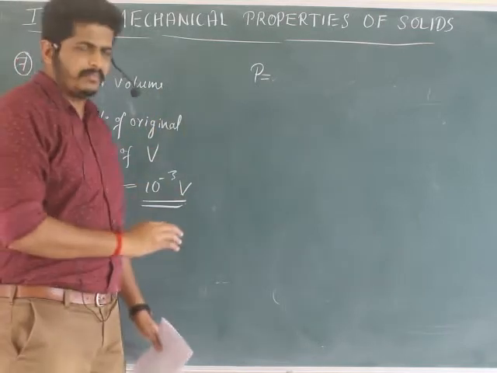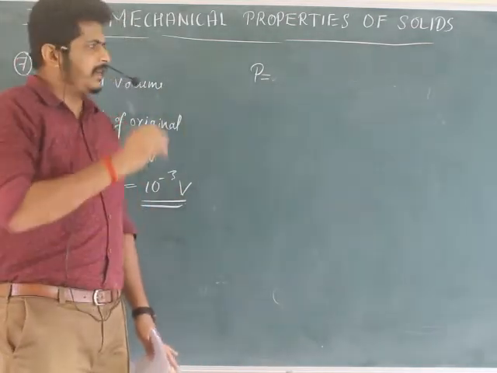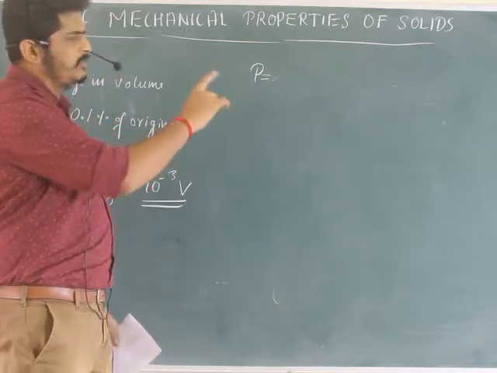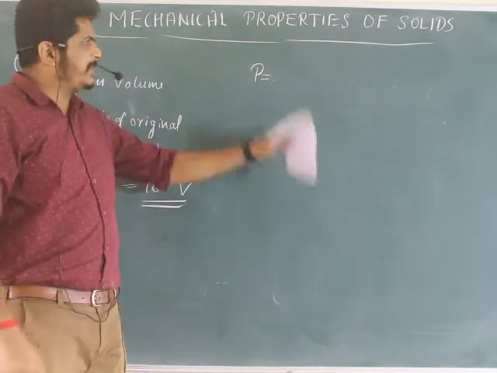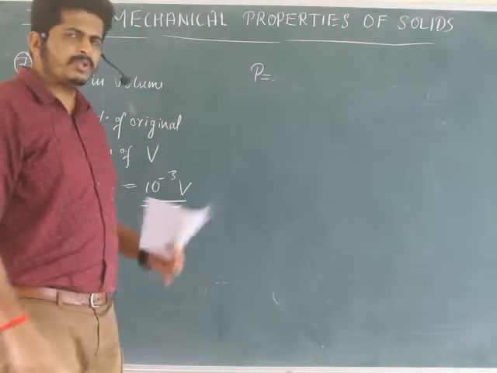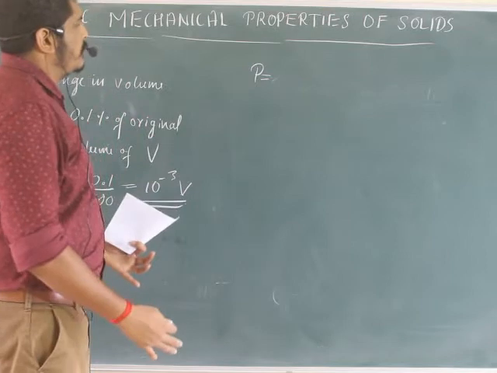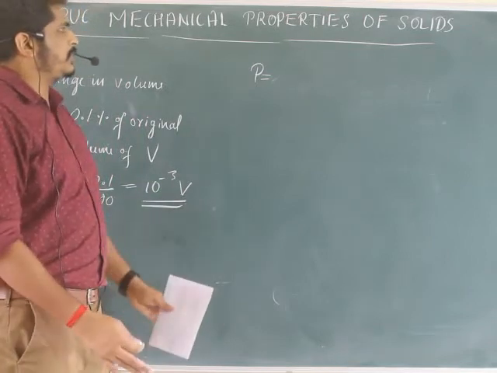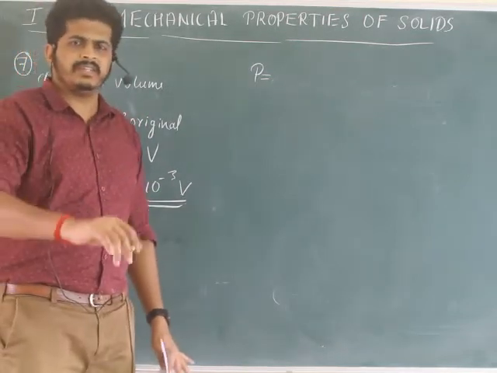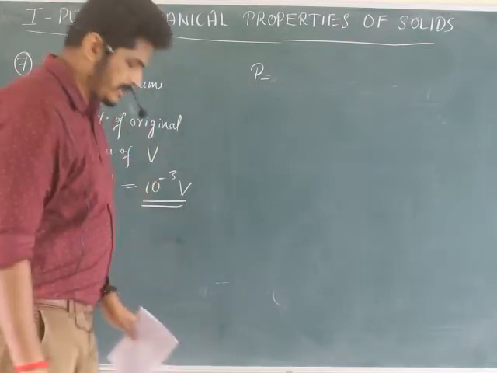That is why I have included it. However, you will learn this in upcoming chapter, but right now it was relevant to use here. That is why I am using. So in this chapter, mechanical properties of solids, this equation was not there, sir. Then why you are using, sir, and all such kind of questions? If it arises, I already cleared the doubt.